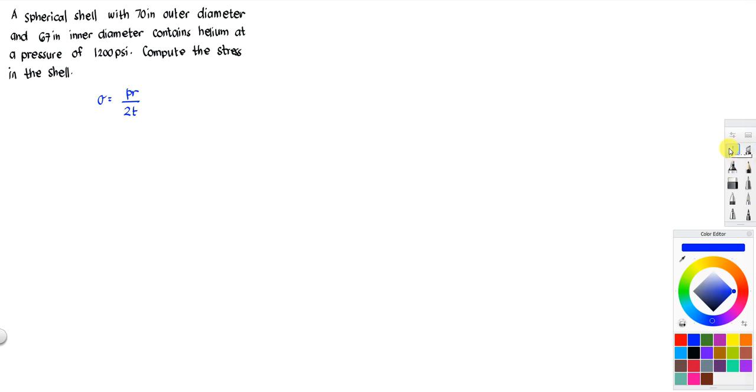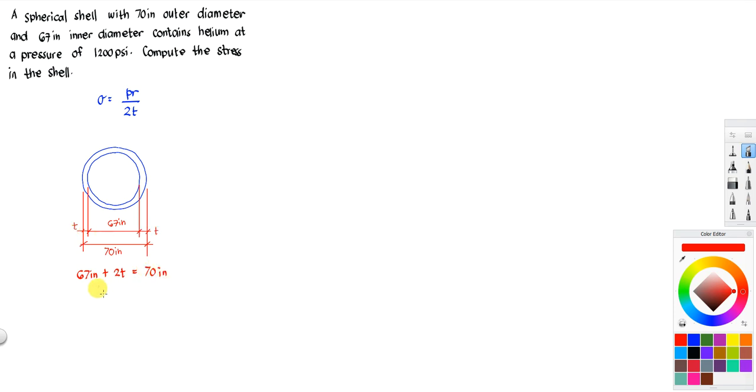Again, the R would be the inner radius. So if this is your outside diameter, equal to 70 inches, and this is your inside diameter, equal to 67 inches, and here we have the thickness T. It means 67 inches plus 2T equals 70 inches.